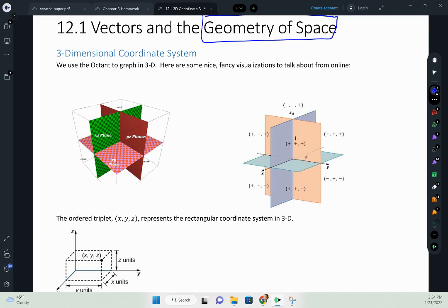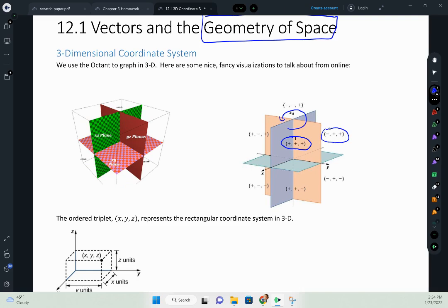The front right upstairs room is where we have positive X, positive Y, and positive Z. Then we take a tour around counterclockwise upstairs. If we go to the back right room upstairs, X is now negative, but Y and Z are still positive.